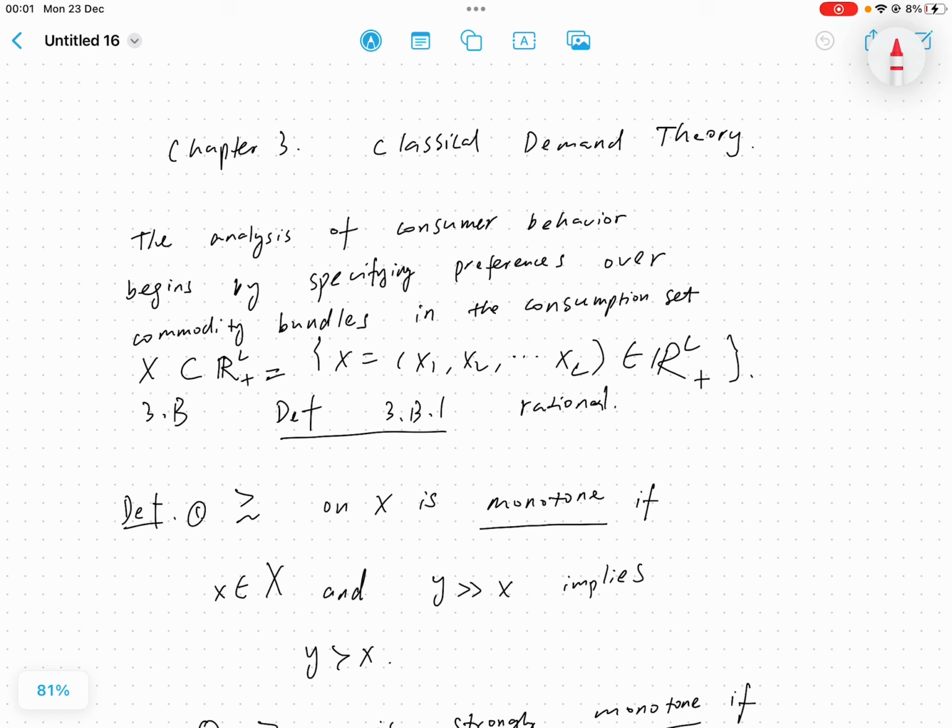Specifically, the element little x will be a vector with dimension L, and all those entries are positive real numbers.